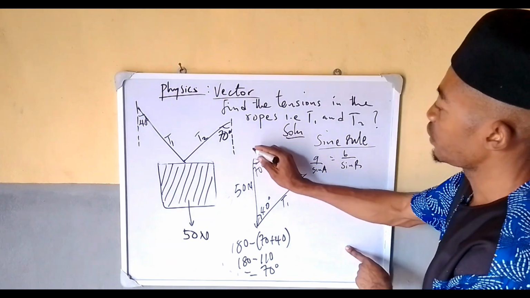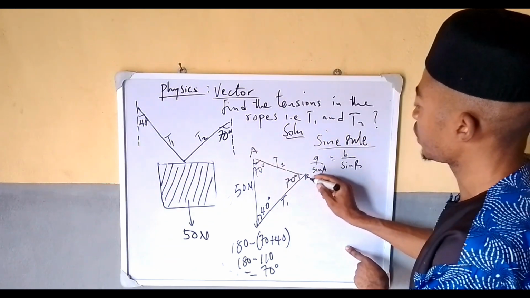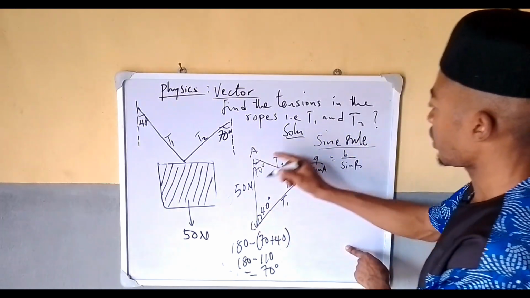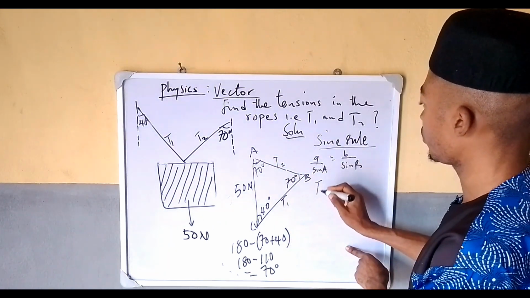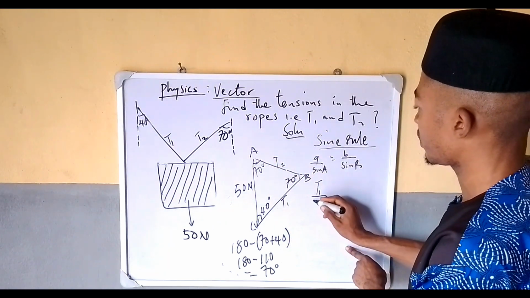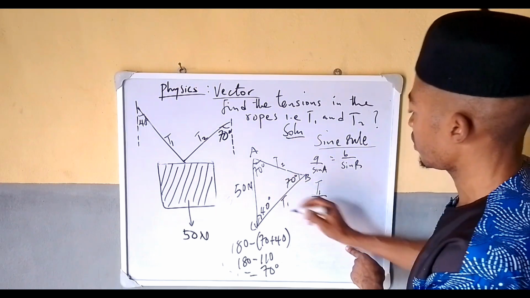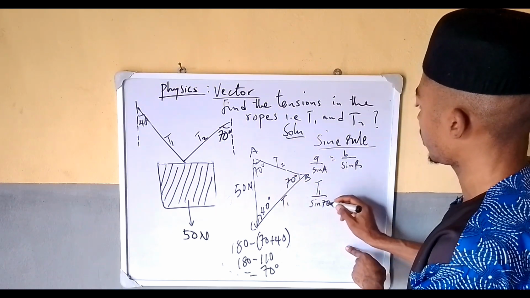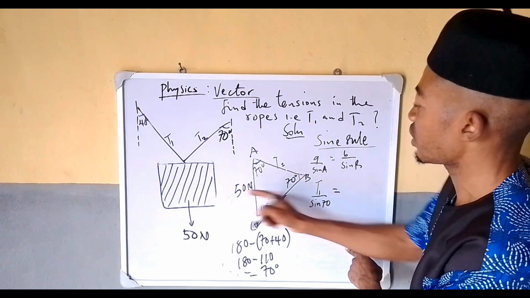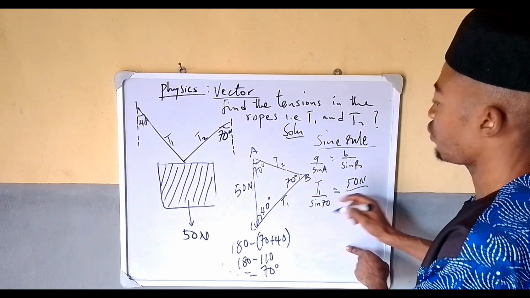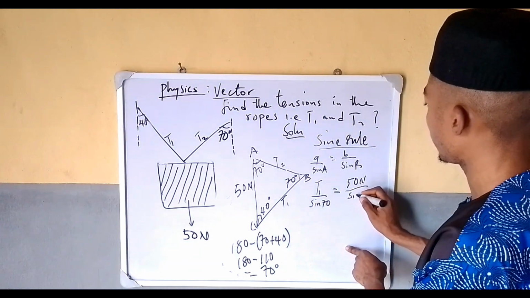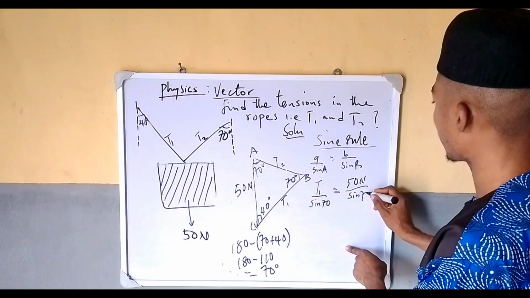If this is A, B, and C, pick A. The side facing A is T1, so T1 over sine 70 is equal to B, the side facing B, which is 50 Newton over sine 70.